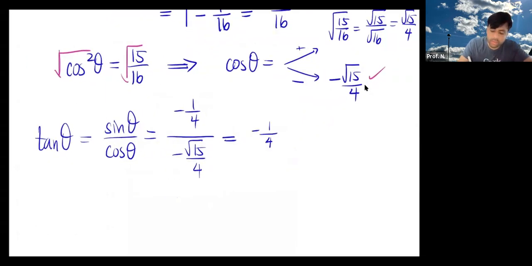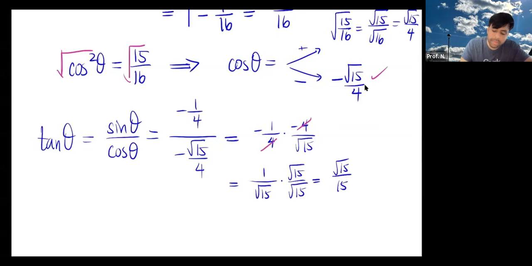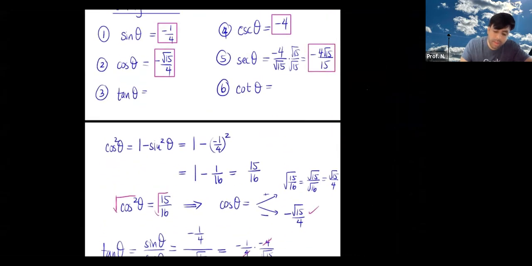So this is negative 1/4 multiplied by negative 4 over rad 15. The 4's cancel. The negatives become positive. So this becomes 1 over rad 15. And if you multiply top and bottom by rad 15 to rationalize, you get rad 15 over 15. And so that's going to be the tangent value.